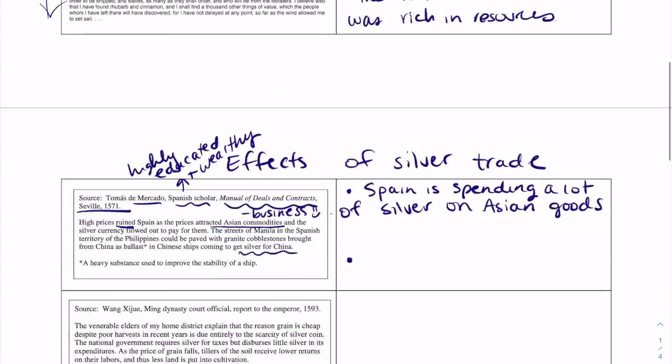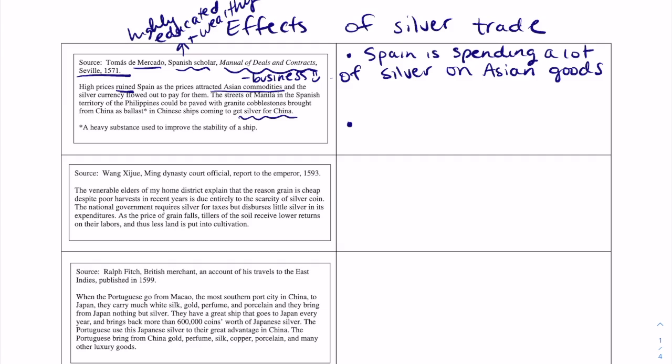Now, the next thing I have to do, according to the documents, is one conclusion I can draw about the source. So I'm going to use those questions. Thomas de Mercado, I already talked about how he's highly educated and wealthy. And he's writing this book.